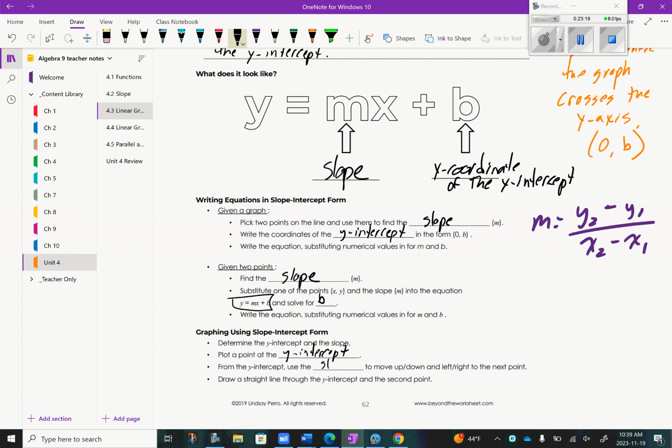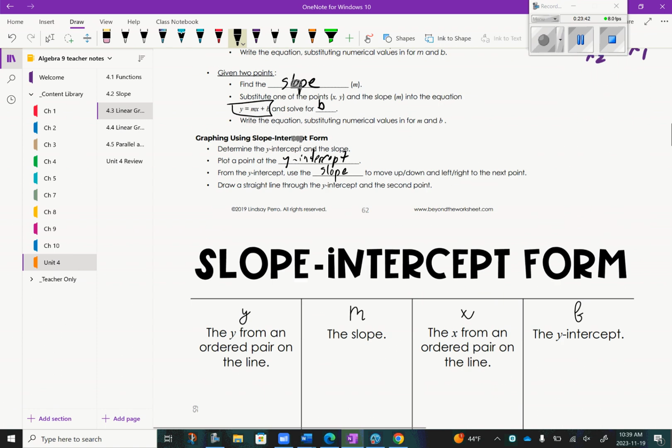From that y-intercept, then, we're going to use the slope as a set of directions. We can either move up or down, we can move left or right, depending upon what the slope tells us to do. We're going to use slope as a set of directions to get from that y-intercept to another point on the line. And then, again, we're back to play connect the dots.